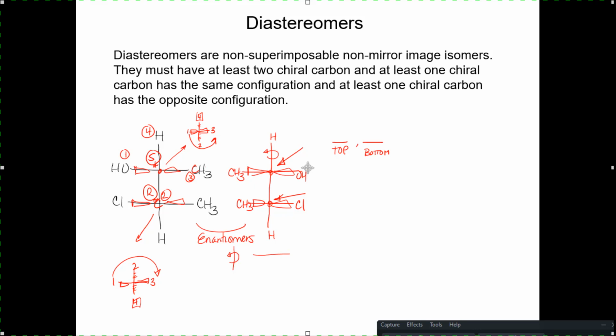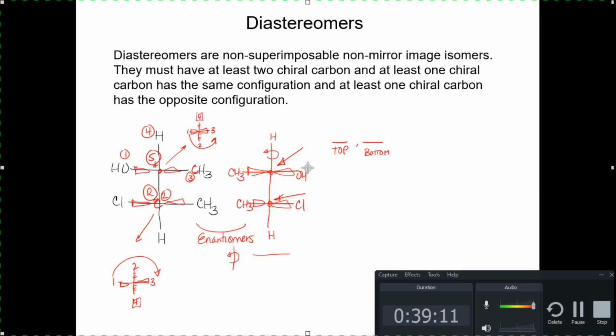Okay, so we'll stop the video and then you can go ahead and tell me. You'll have basically 4 choices. You'll have RR, RS, SR, SS. So top first, bottom second. What is the configuration of those two chiral centers in that molecule?